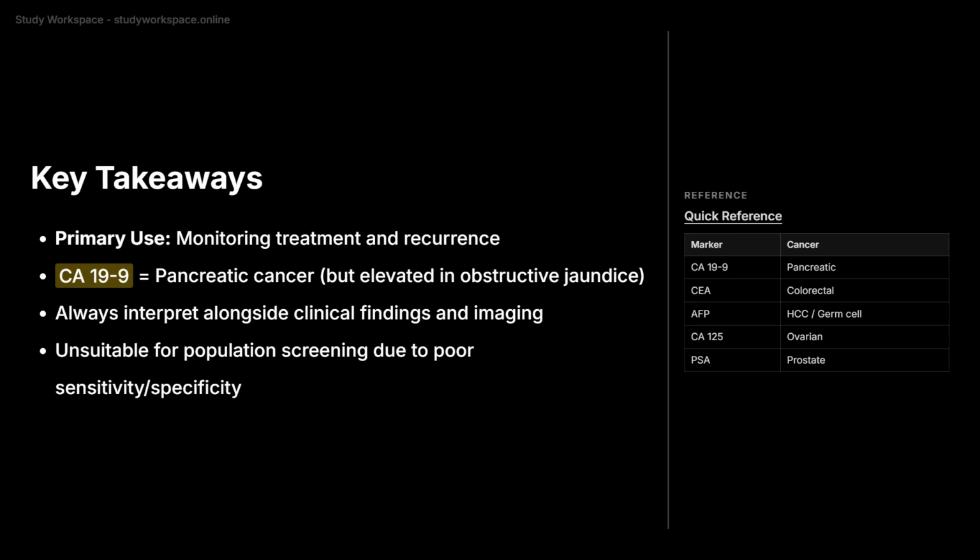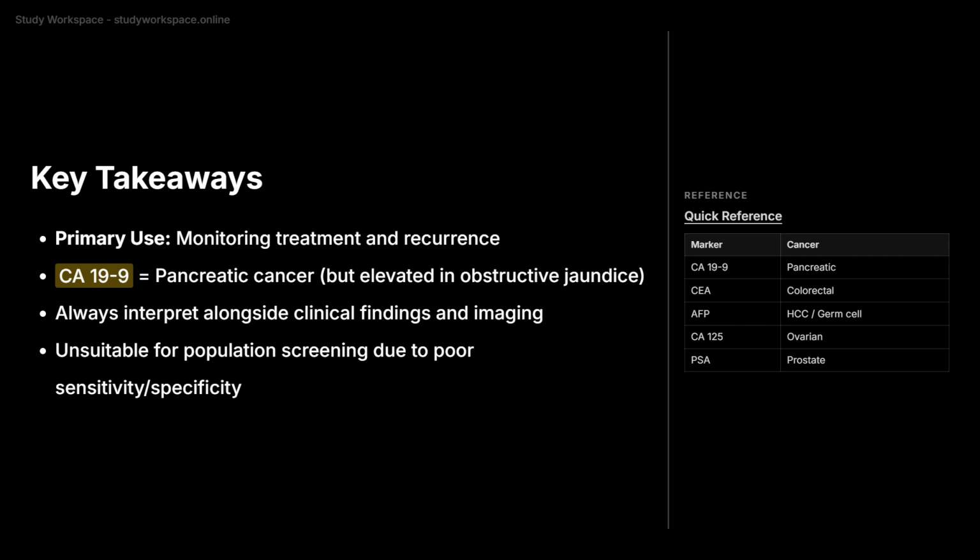To summarize today's lesson, remember these key points. Tumor markers are most valuable for monitoring treatment response and detecting recurrence, rather than for making an initial diagnosis. CA19-9 is most closely associated with pancreatic cancer, but may also increase in obstructive jaundice. Tumor markers should always be interpreted together with clinical findings and imaging studies.